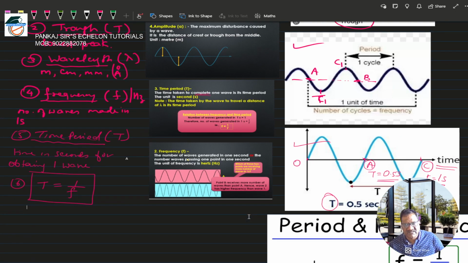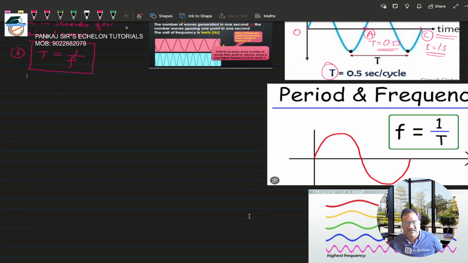This diagram is telling you that the time period and the frequency are reciprocal of each other. So frequency is 1 upon T, or T is 1 upon f. If somebody says the frequency is 5, then the time period will be 1 upon 5 seconds. Simple as that. So remember this.